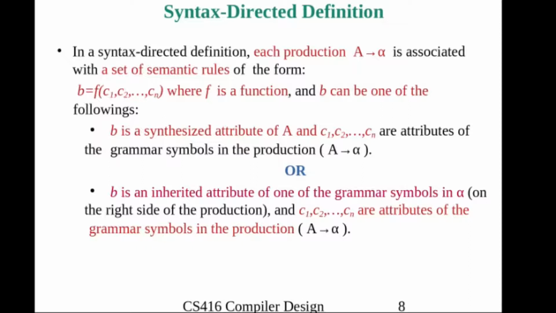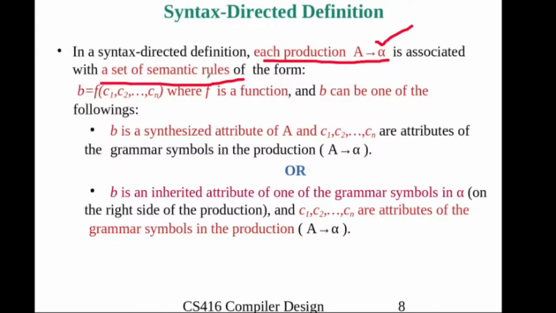Then formally, what is a syntax-directed definition? We have seen that a syntax-directed definition is a generalization of a context-free grammar, where we associate attributes and semantic rules with the productions. In general, formally, a syntax-directed definition is a grammar containing productions, and each production of the form A gives alpha is associated with a set of semantic rules.